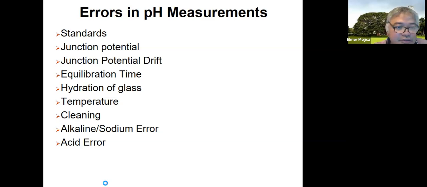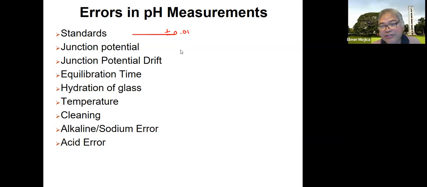Let me get my notes. So if you look at the errors there, in terms of the standards, the pH measurements cannot be more accurate than the standards. So there should be a difference of plus or minus 0.01 if you want to read it with respect to the standards.